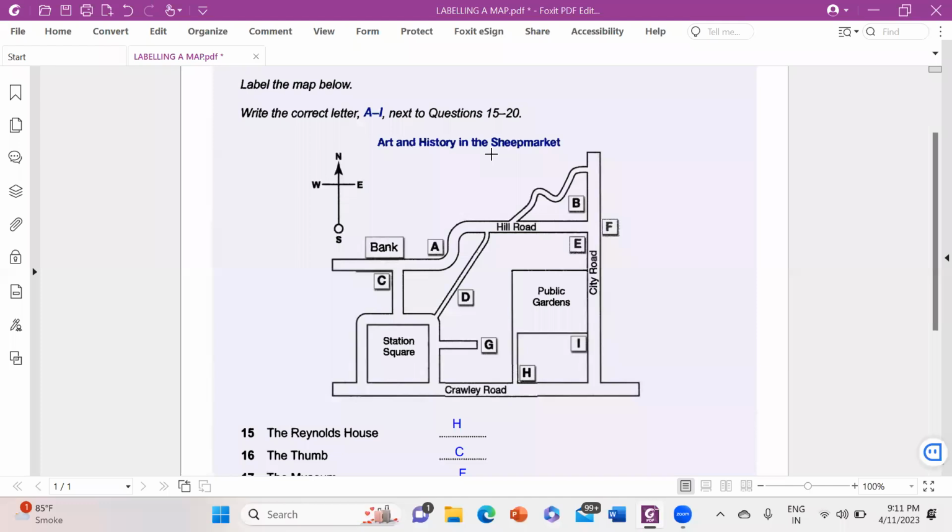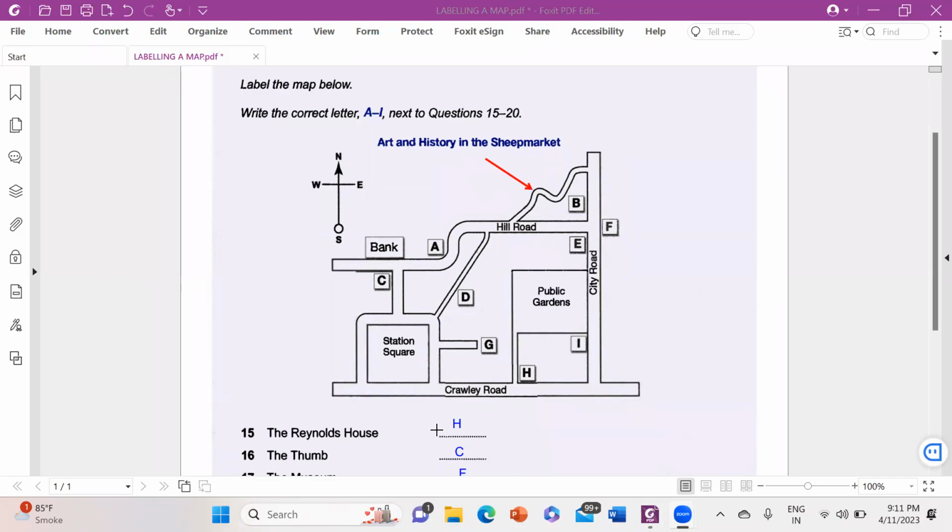Now let me ask one last question, just for fun. Do you see this curve? How do you describe this curve on a road? What is that called in English? Let me know in the chat box. Narrow curve.